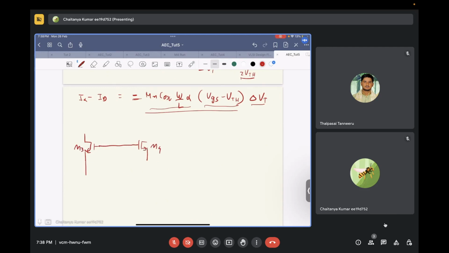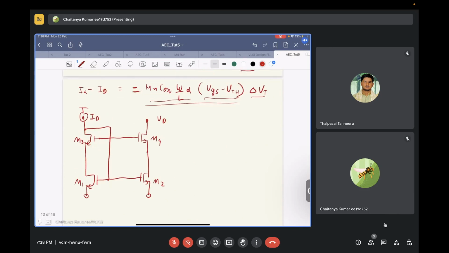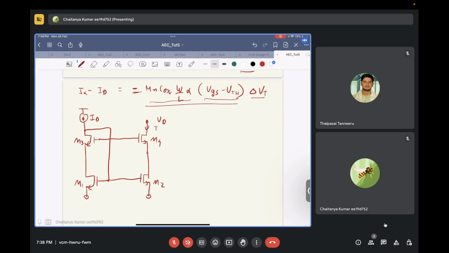M3, M4, M1, M2. Here it's VD, and we are pushing in ID. Okay, so I alpha will be equal to, if we apply superposition and we consider mismatch of both M3 and M4 and mismatch of M1 and M2, what we get is alpha times ID plus delta VT34.